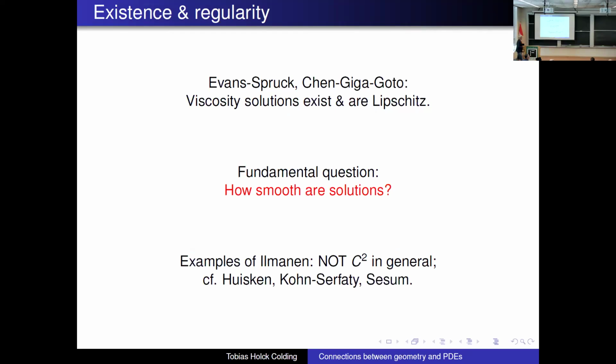In the early 1990s, Evans and Spruck, and independently Chen, Giga, and Goto, proved existence in the viscosity sense, and they proved that solutions are Lipschitz. The fundamental question is, how smooth are solutions? Is this the best you can do?